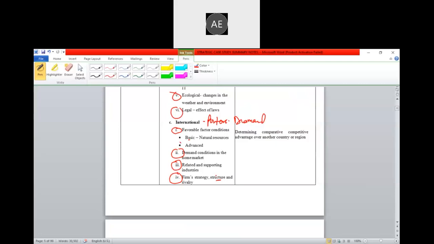In the next video, we will be dealing with internal environmental analysis. So this ends the external environmental analysis. Let me do a very quick recap. We said that in determining the position of a firm, the first thing is to analyze the purpose and the stakeholders' expectations.